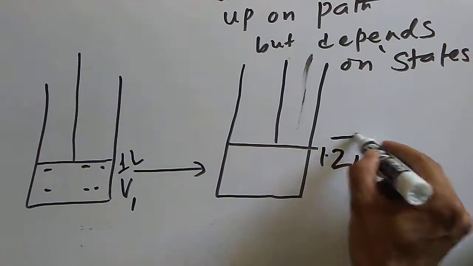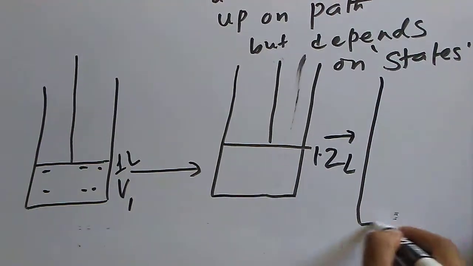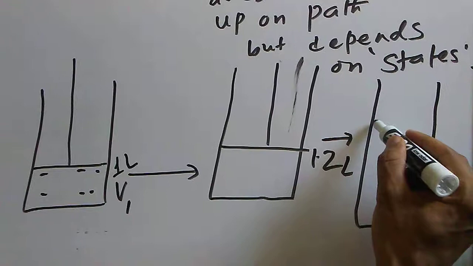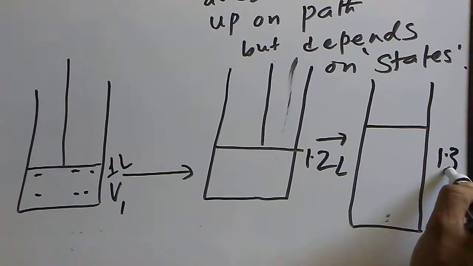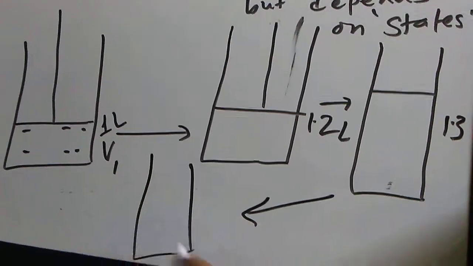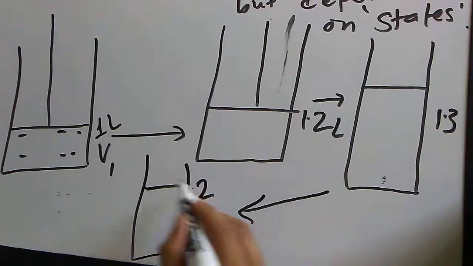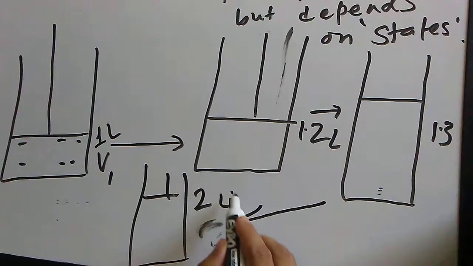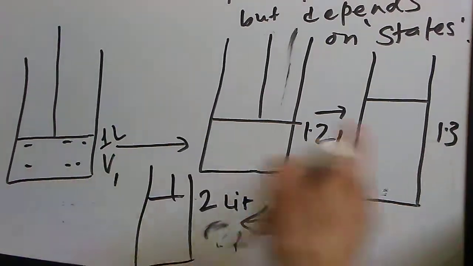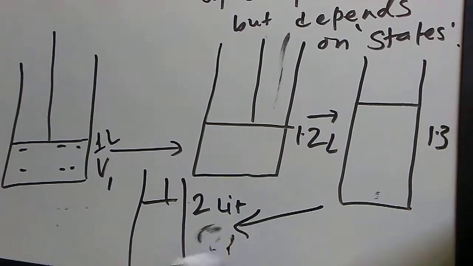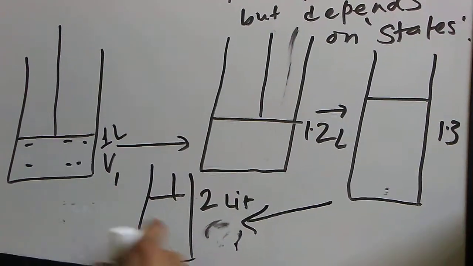Again, let's expand this gas to the 1.3 liter mark. And then let's expand that gas to, let's say, the 2 liter mark. Now how many steps did we take to reach from 1 liter to 2 liter? 1 step, 2 step, 3 step. In 3 steps we expanded the gas from 1 liter to 2 liter.